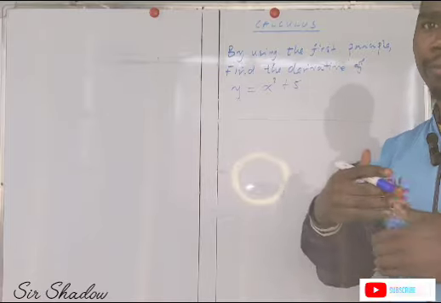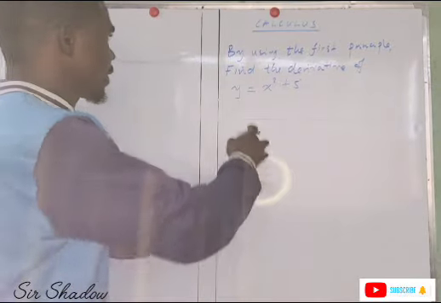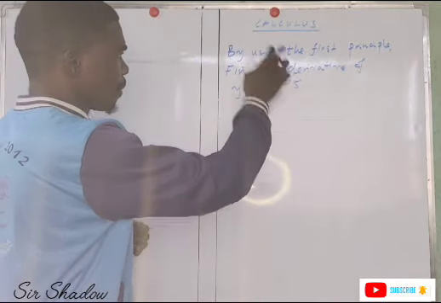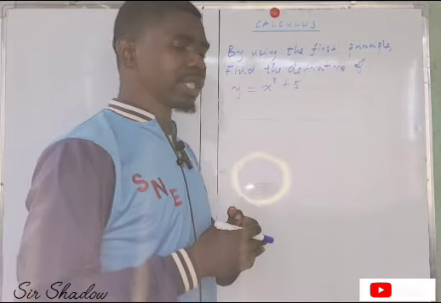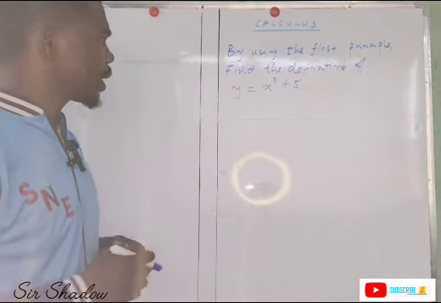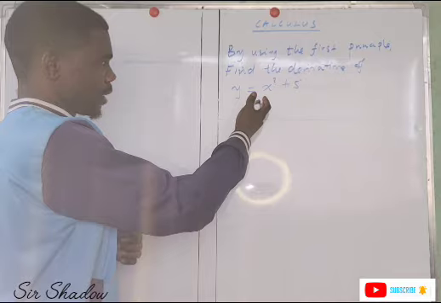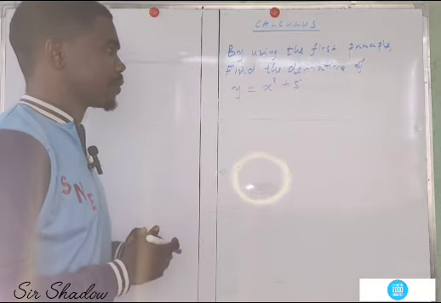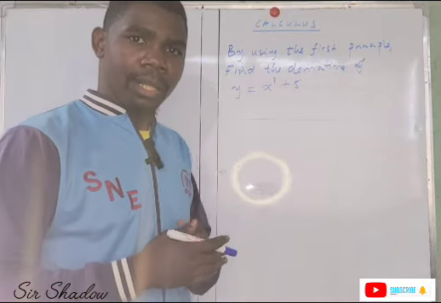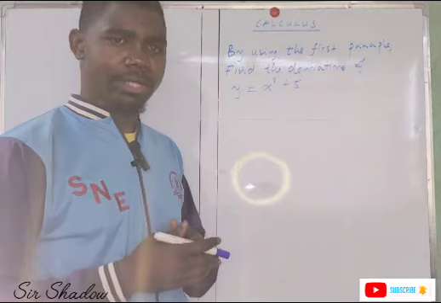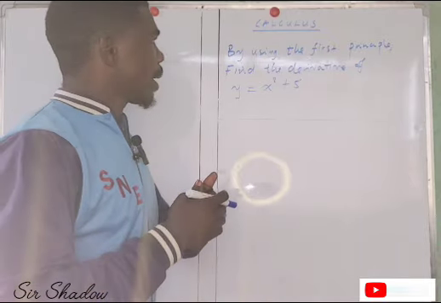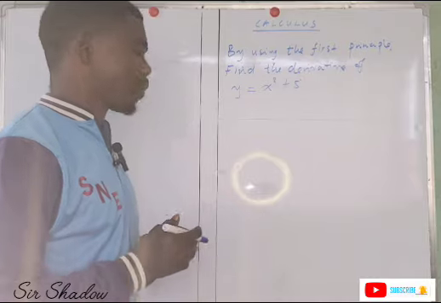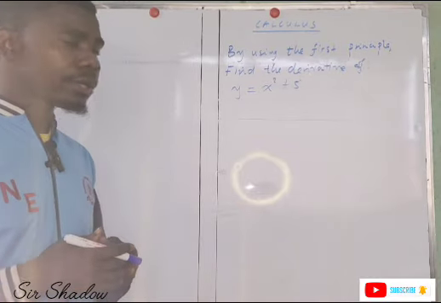So let's see how best you can find dy dx, or the first derivative of this given function y is equals to x squared plus 5, using first principle. You can also find the derivative of y is equals to x squared plus 5 using the differentiation of polynomials, but as for now, we are going to deal with the application of first principle.